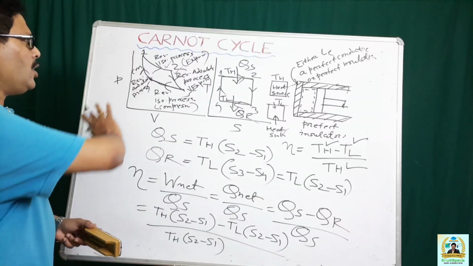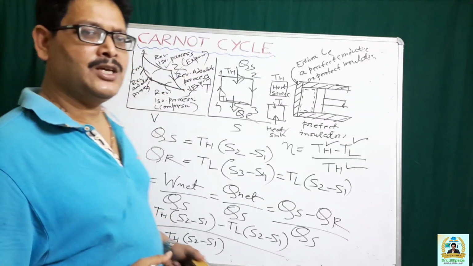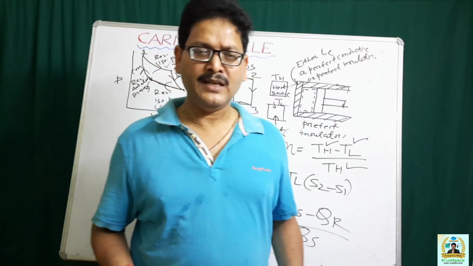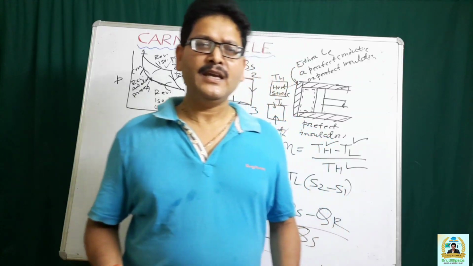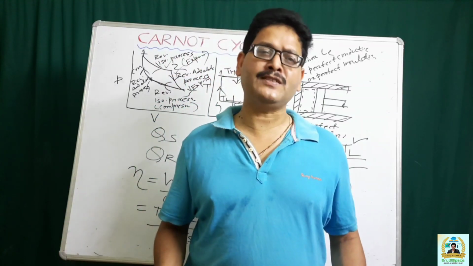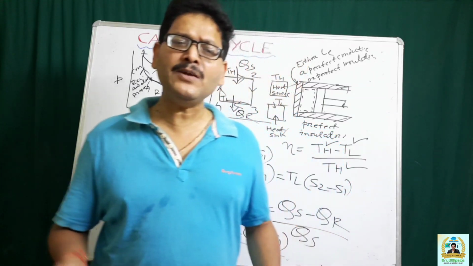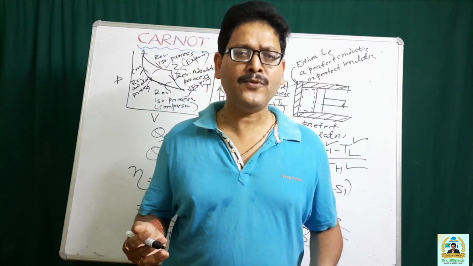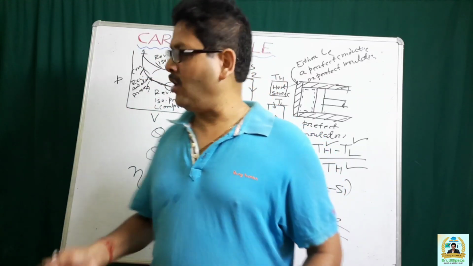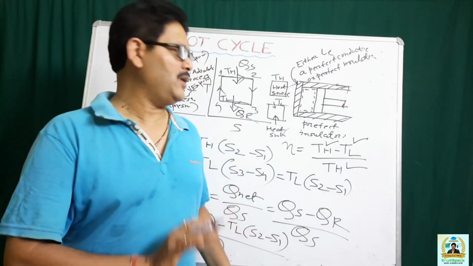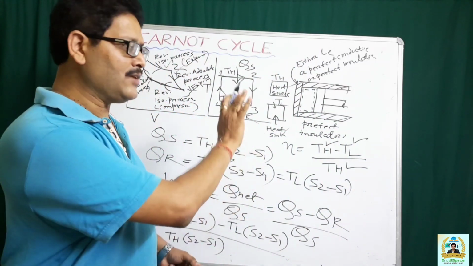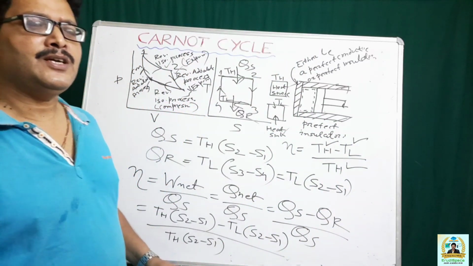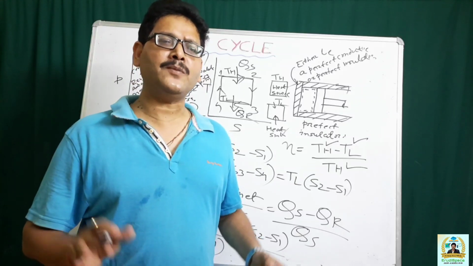And all the four processes are reversible processes. Reversibility is a hypothetical concept because irreversibility is the law of nature. Although it is not practically feasible, it does have its advantage that you can compare the performance of any cycle with the Carnot cycle.